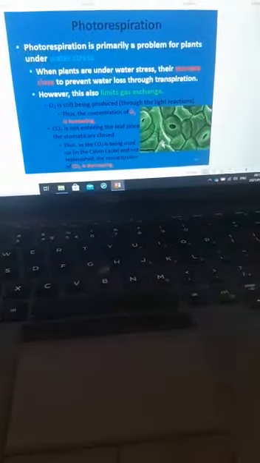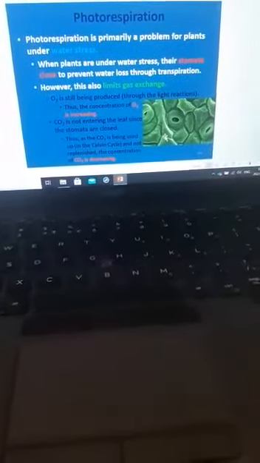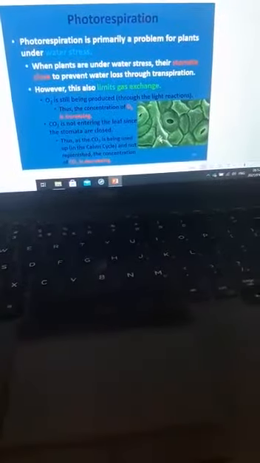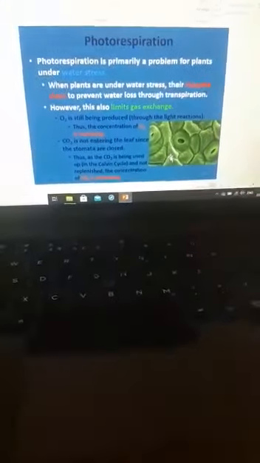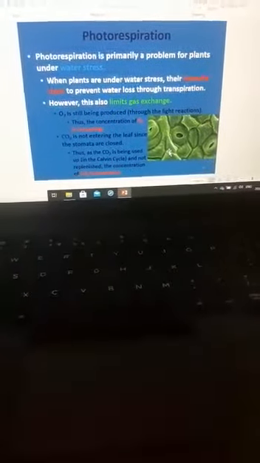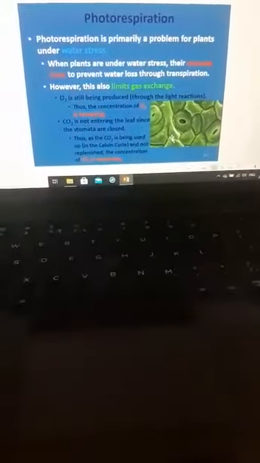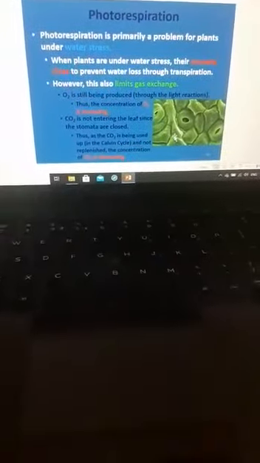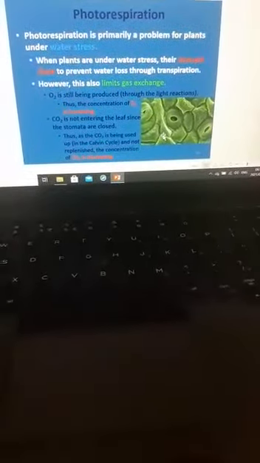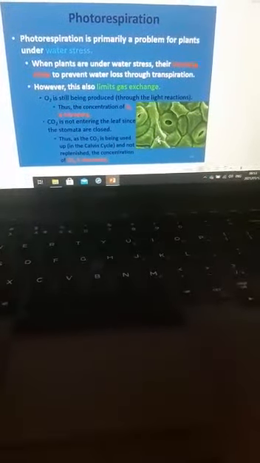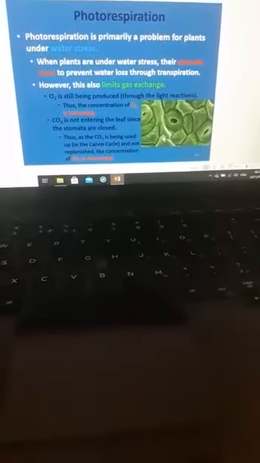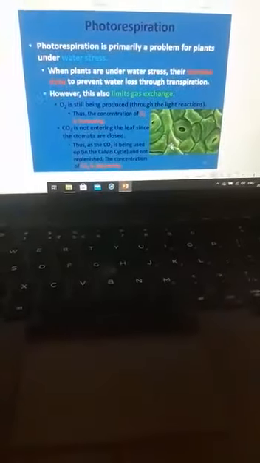So when the stomata is closed, then there is no carbon dioxide entering into the leaf. And the carbon dioxide that is inside the leaf is going to be used up, because plants take in carbon dioxide so that they can fix it to make glucose molecules.